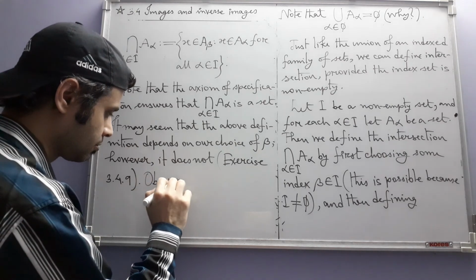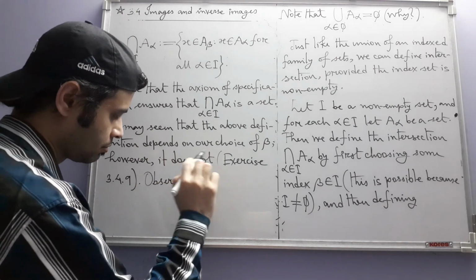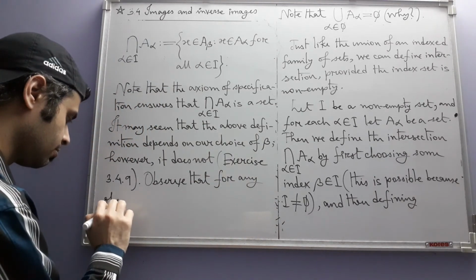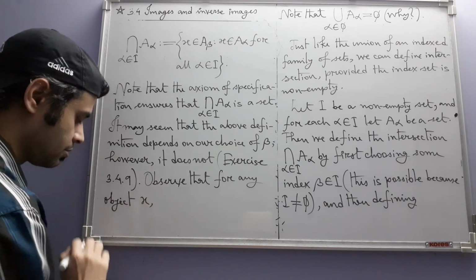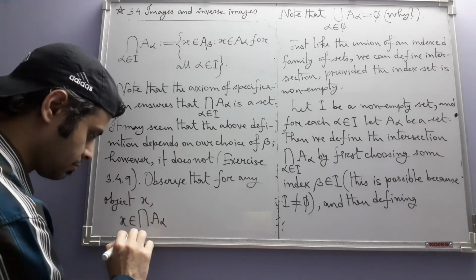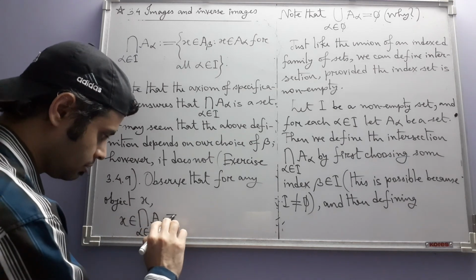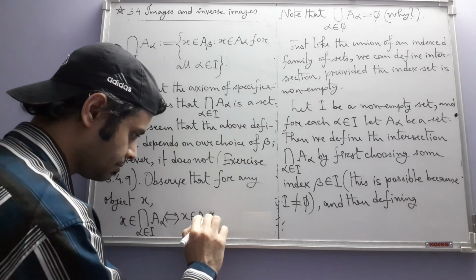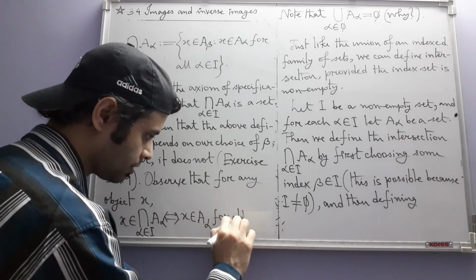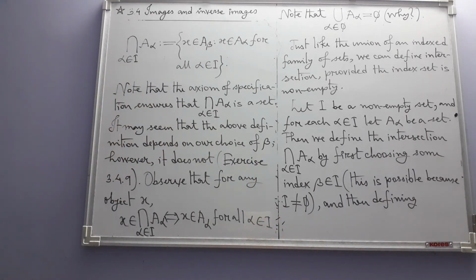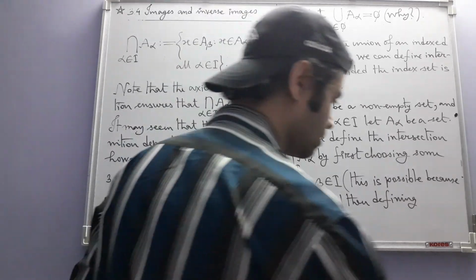Observe that for any object x, x belongs to this intersection, alpha belonging to I, if and only if x belongs to A alpha for all alpha belonging to I. Okay. And lastly, there is one remark. With this, the section ends, I mean the text part ends.